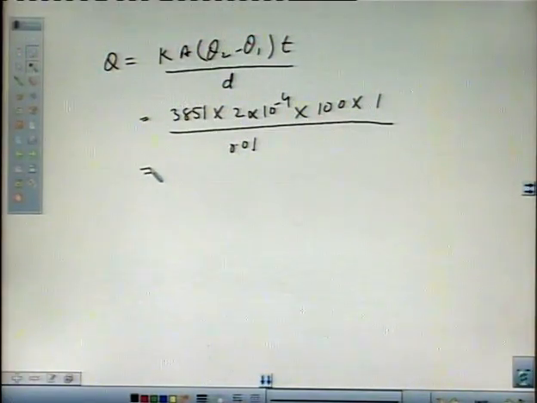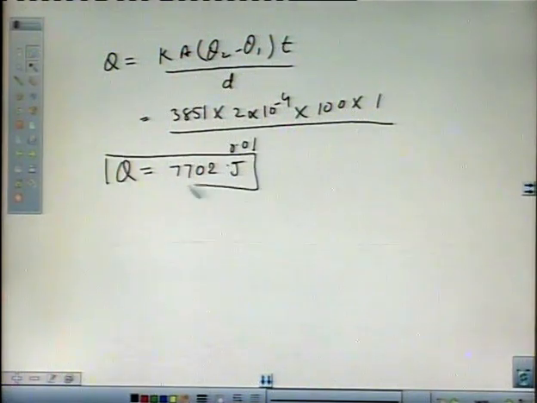So this comes out to be equal to 7.7 joules. So this is the total amount of heat transferred from one end to the other.